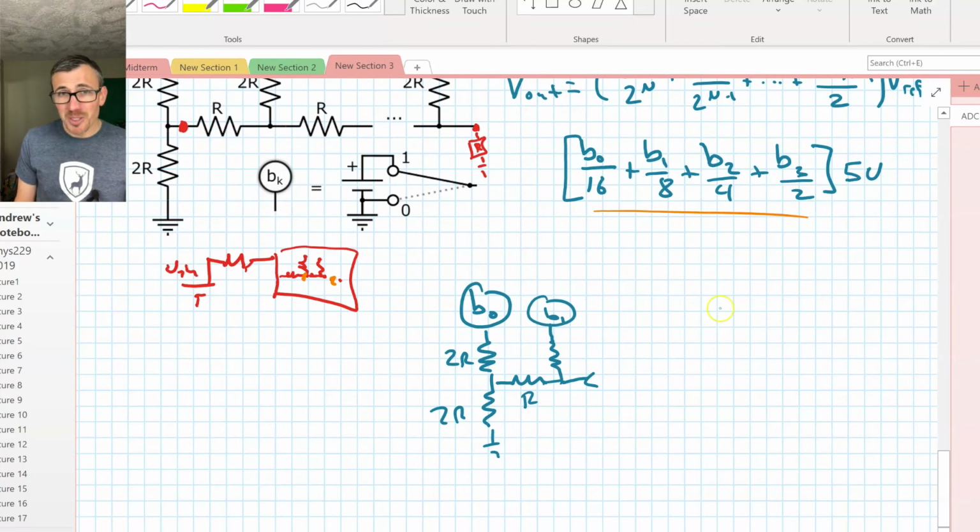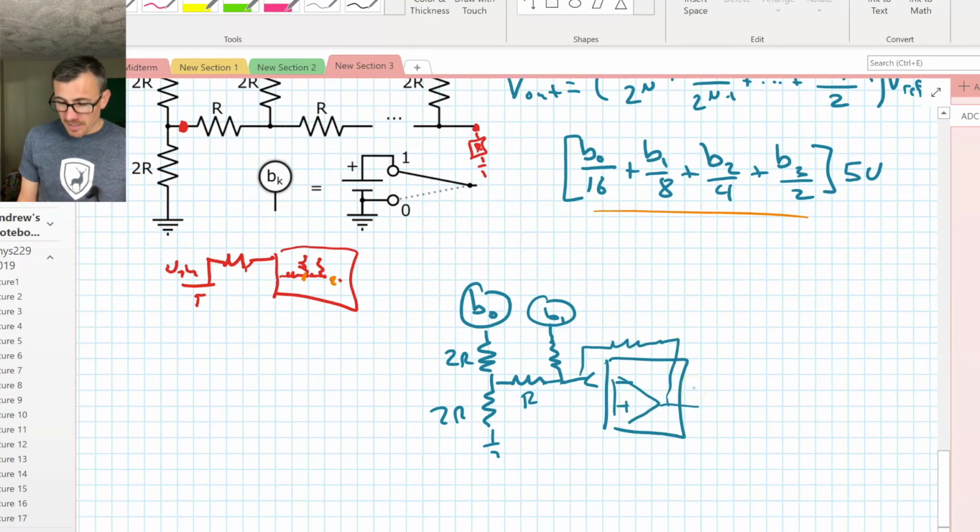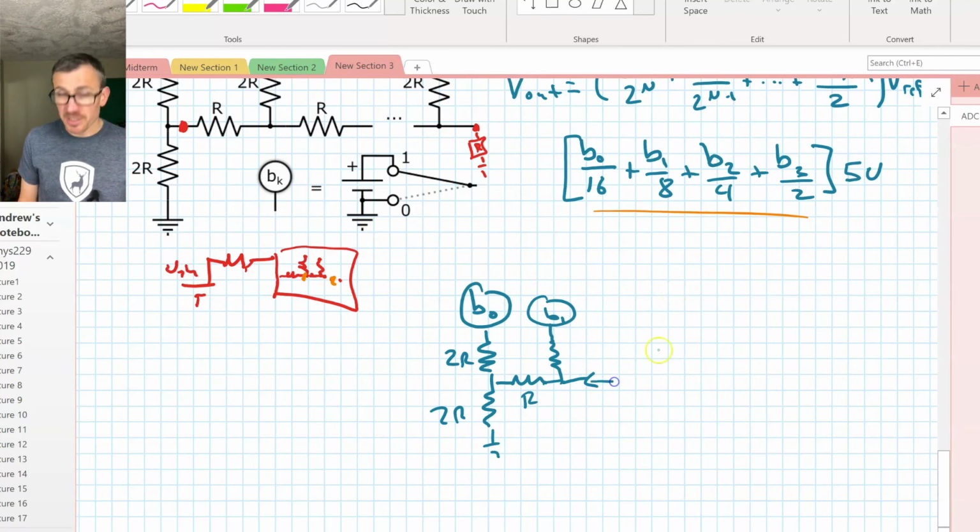There are 2 approaches. We can put an inverting op-amp, something that looks like that, and therefore this is kind of a current source, but our outputs are negative. Or we can put just a simple voltage follower, which I prefer, and this is exactly what you do in the lab, because you get positive voltages if you have a single supply rail.